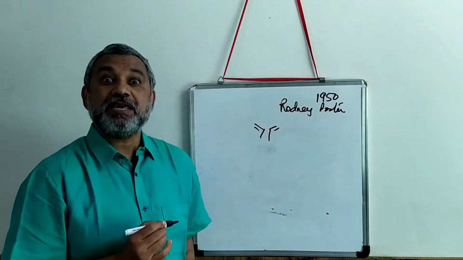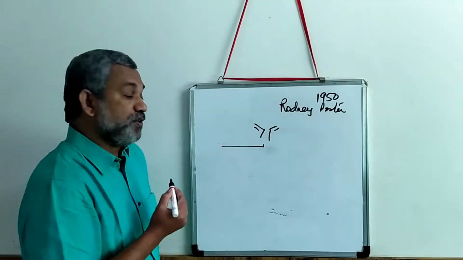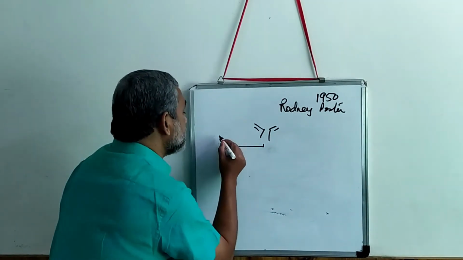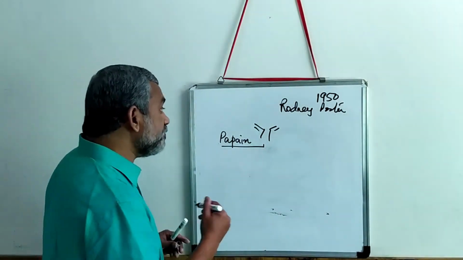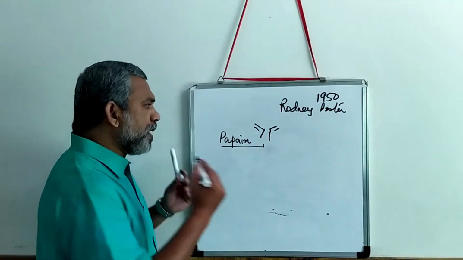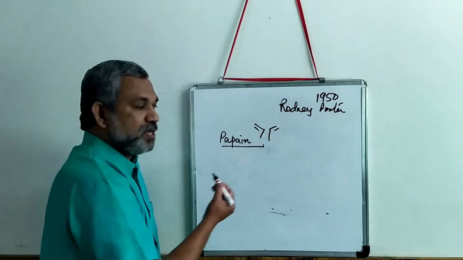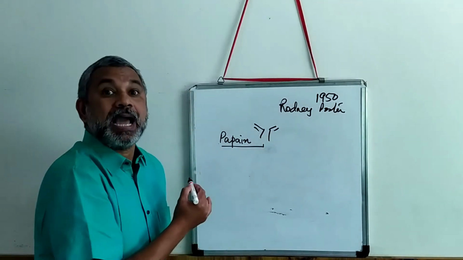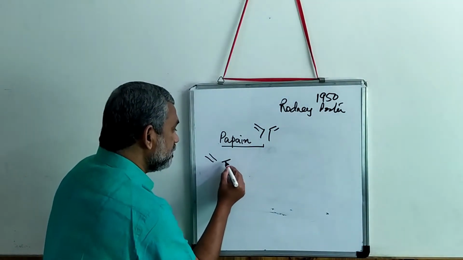In this antibody, he treated it with an enzyme known as papain. The papain cuts the antibody here, and what he got is a structure like this.